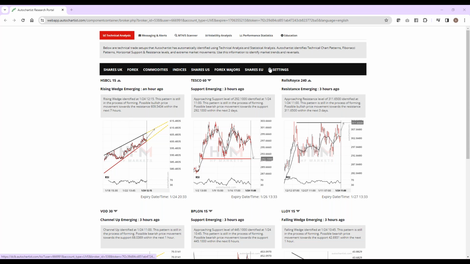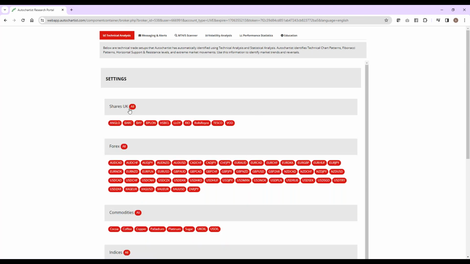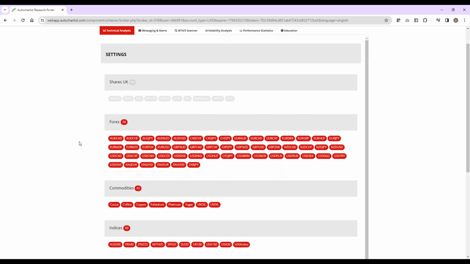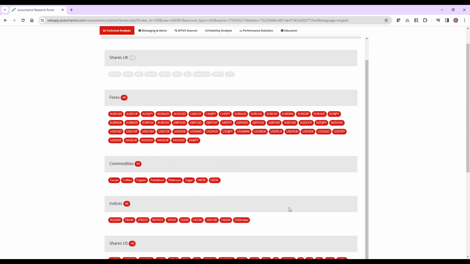So you mentioned, Olusegun, the gold. You need to change your settings. If you click commodities, for example, let me double check that is selected. I don't want shares, to be honest. I want to stick to Forex. I have commodities on.